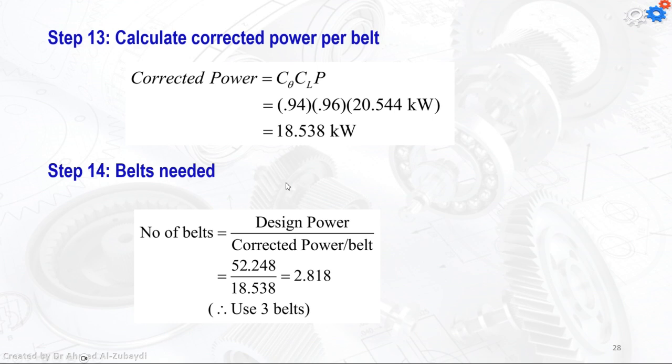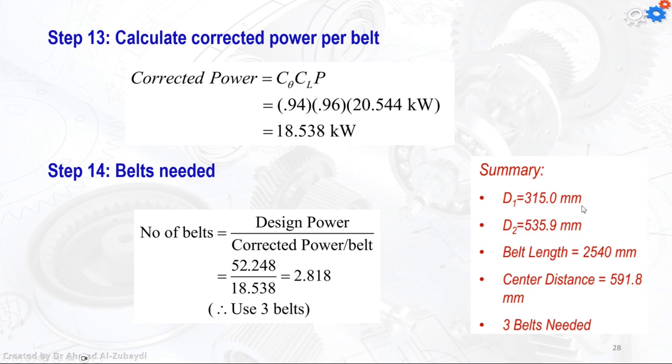The number of the belts needed is going to be equal to the design power that we calculated earlier, divided by the corrected power per belt we got. The design power we got was 52.248, divided by the 18.53, and this tells me that the number of the belts is equal to 2.818. So definitely we're going to use 3 belts to do the job. So in summary, we have the diameter 1, diameter 2, the belt length, the center distance, and the number of the belts needed.